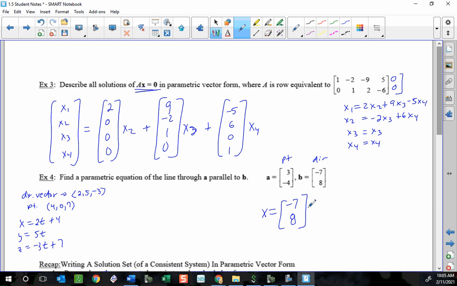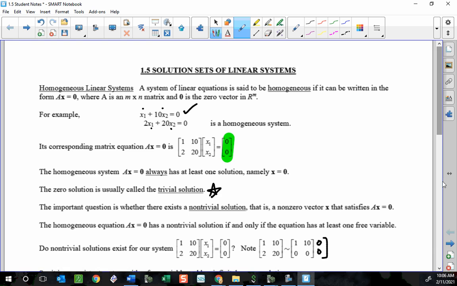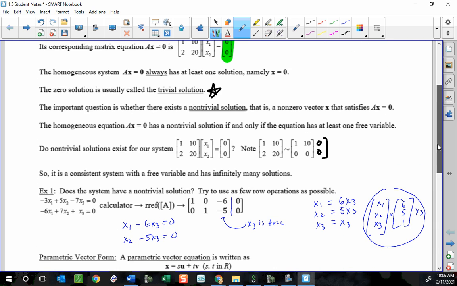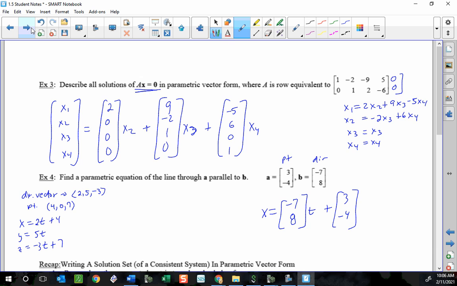Put your t with that, plus 3, negative 4. That's how you write a parametric equation of a line. I think, if I remember right, the definition of that is in the book, but this is a real simple thing.